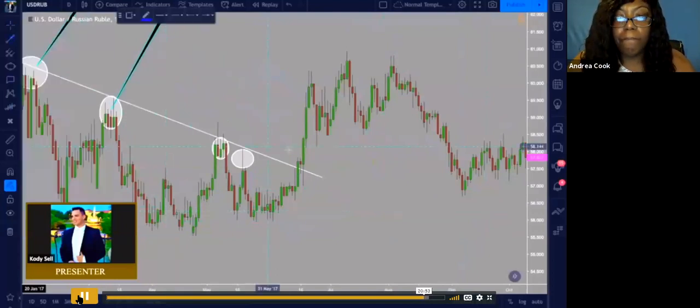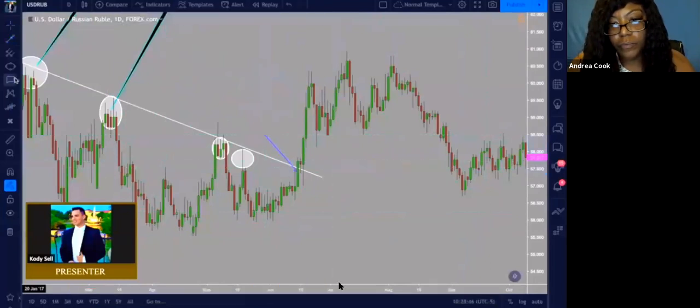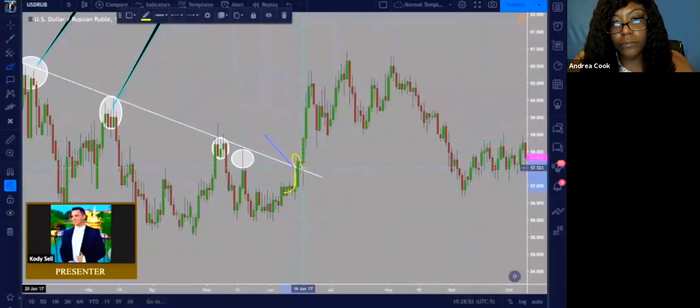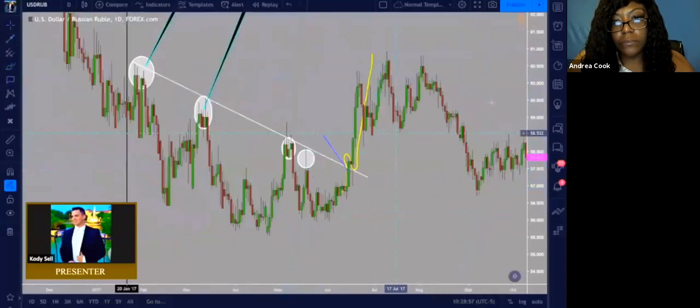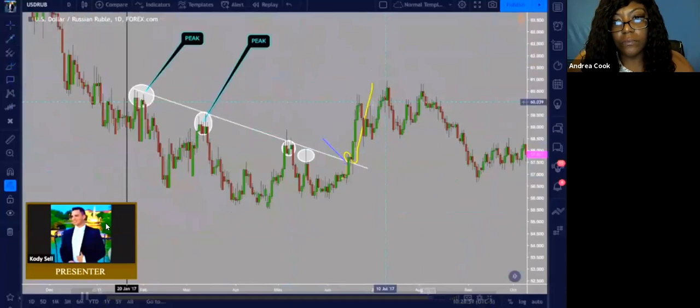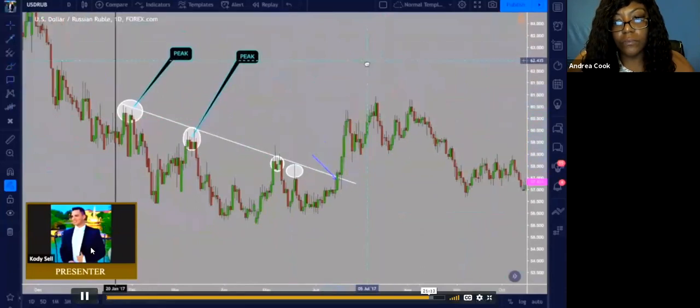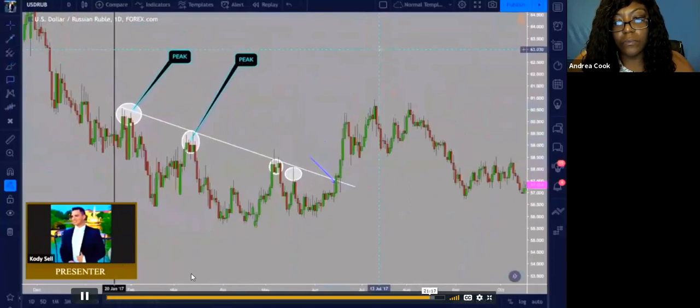Here we have a strong candle breach, and then look what happens. Real simple: strong breach, retest, held as support now, and off we go. Very similar to horizontal support and resistance, it's just that we're now turned diagonal.